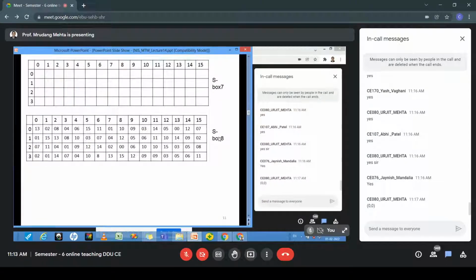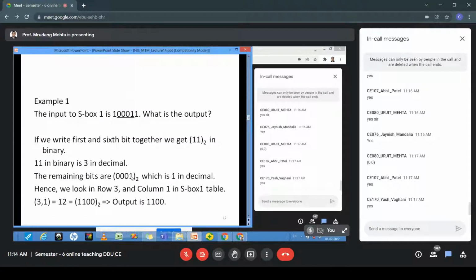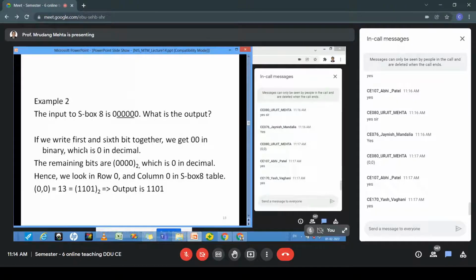Can you see this? In that, 00 is row 0. Now the remaining bits, the underlined bits, are all zeros in binary. Again, it is 0.